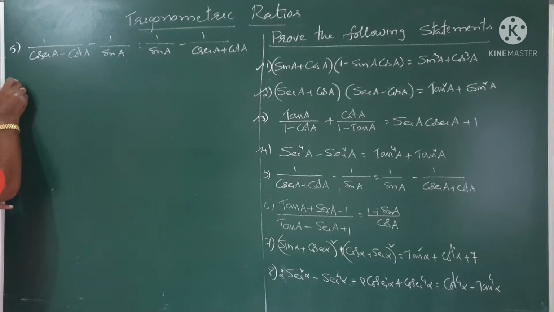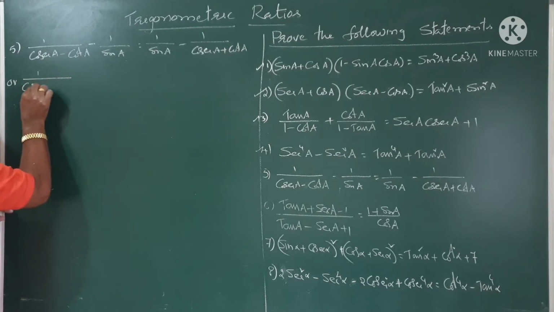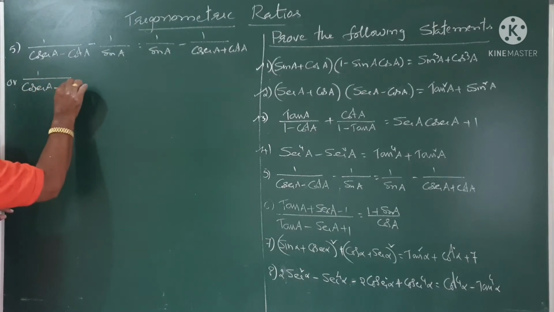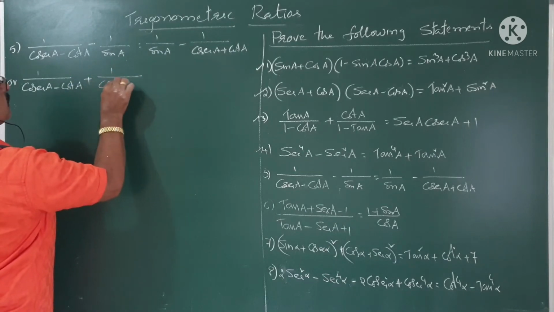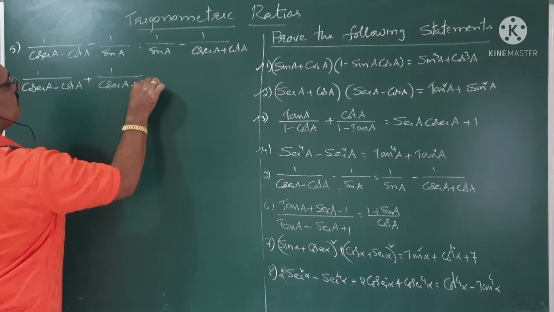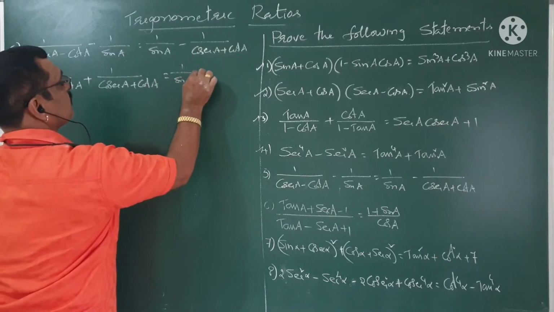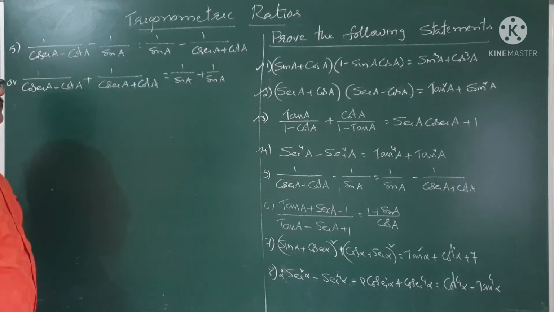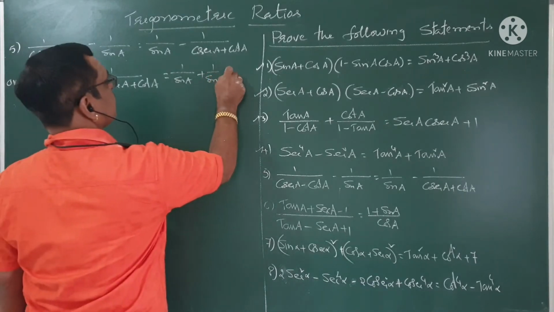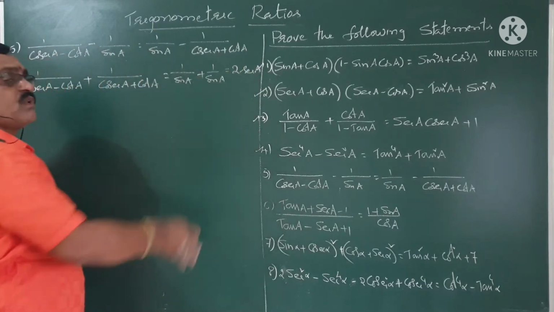So this is the same as 1 by cosecant a minus cot a plus 1 by cosecant a plus cot a is equal to 1 by sin a plus 1 by sin a. Of course, this is 2 cosecant a. Proving this is the same as proving this.